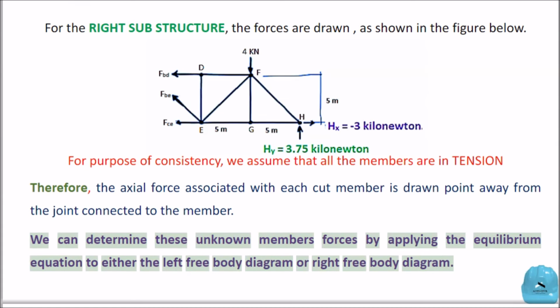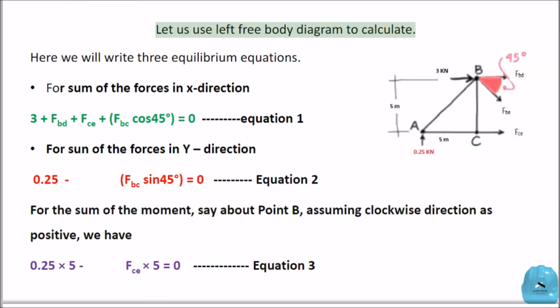We can determine these unknown member forces by applying the equilibrium equations to either the left free body diagram or the right free body diagram. Let us use the left free body diagram to calculate. Here we will write three equilibrium equations.